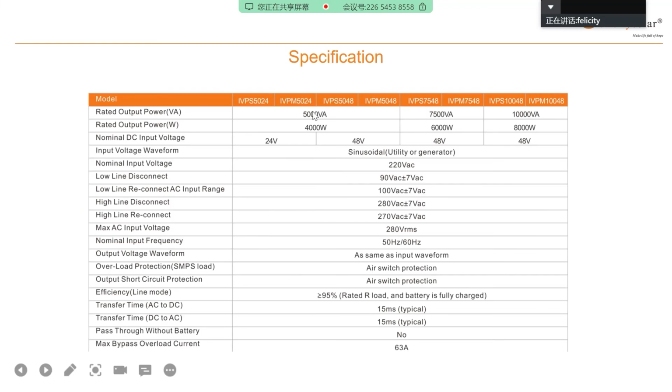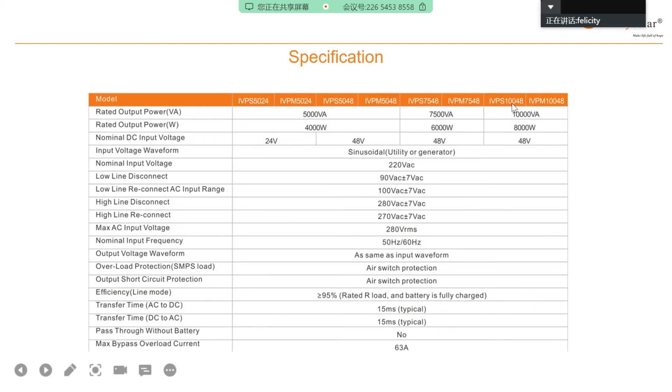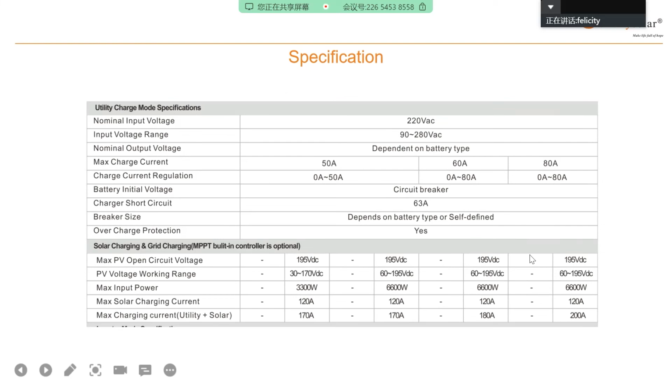With the specifications from 5 kVA IVPS to 10 kVA, you can find it. Here you can see IVPS is 10 kVA, like this one, both 10 kVA: IVPS 10 kVA, IVPM 10 kVA. Here is the solar charge part.